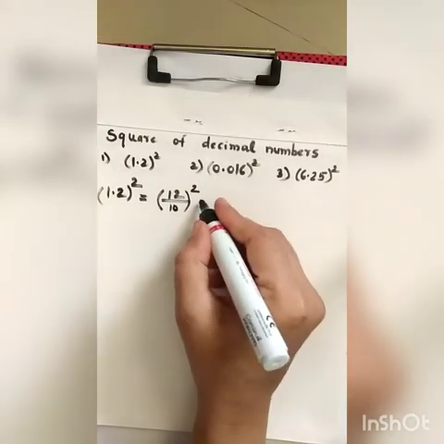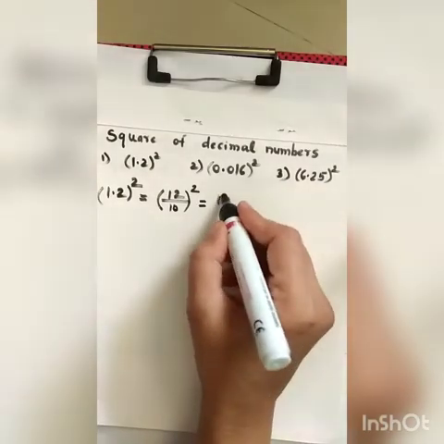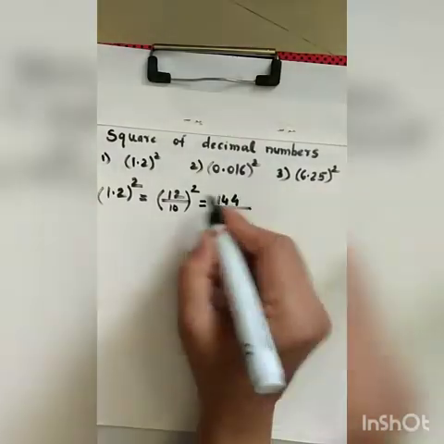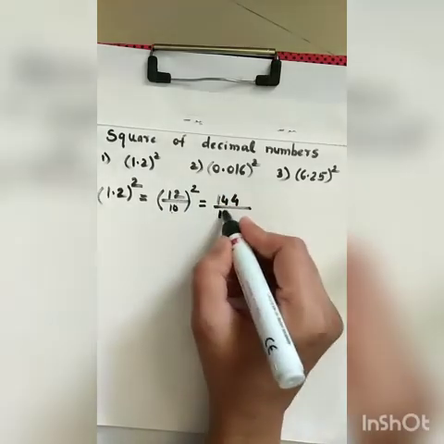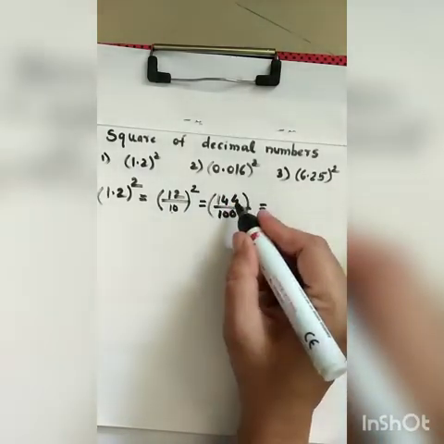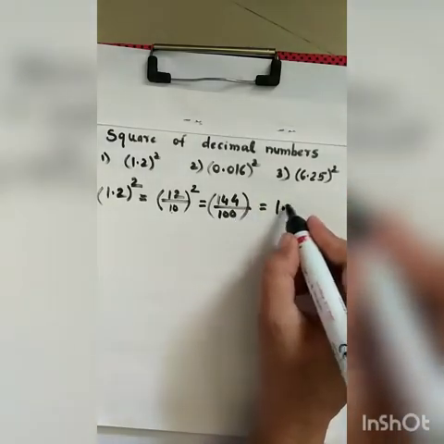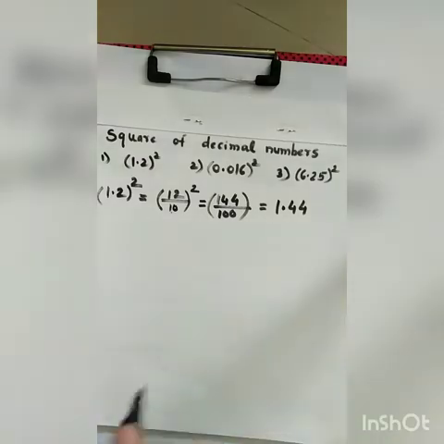And as you know, I told you to learn the square numbers till 30. So the square of 12 is 144 and the square of 10 is 100. And when you bring it into decimal form, your answer will be 1.44.